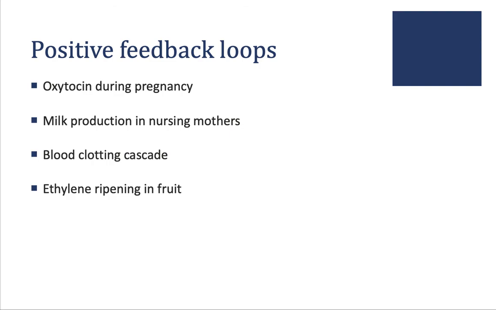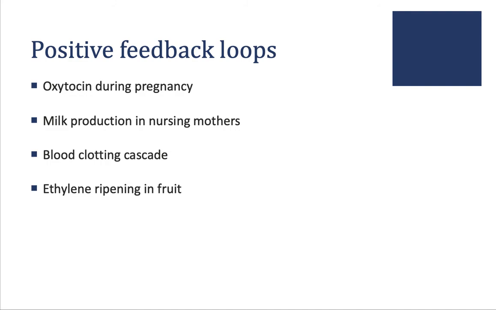The production of milk stimulates more production of milk. Blood clotting. When you have a cut and you start the blood clotting, or the stopping of bleeding, that's actually going to trigger a cascade that makes you clot more and more until the bleeding is completely stopped.